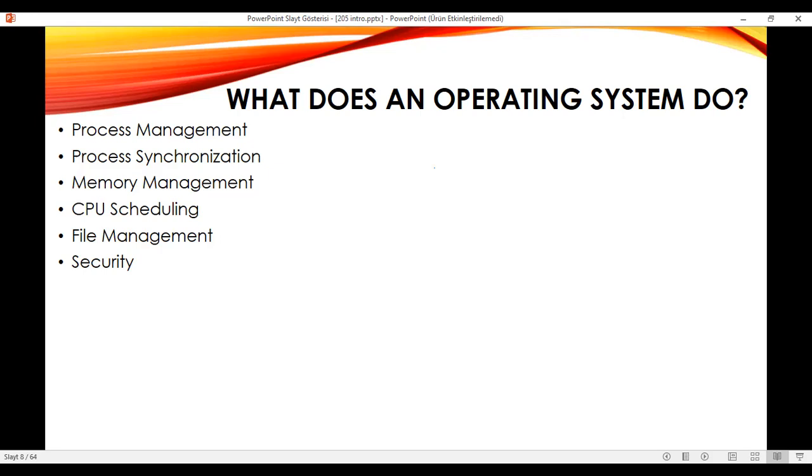By the way, let me say this. Actually, you should ask me what a process is. A process is a program in execution. Think about the Microsoft Word program or Google Chrome. When you first open your computer, nothing is running except the operating system.